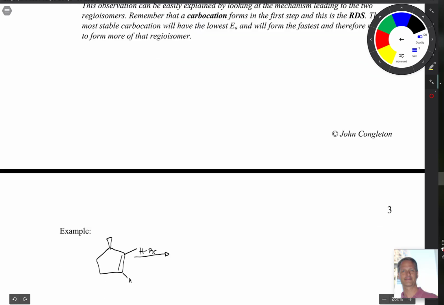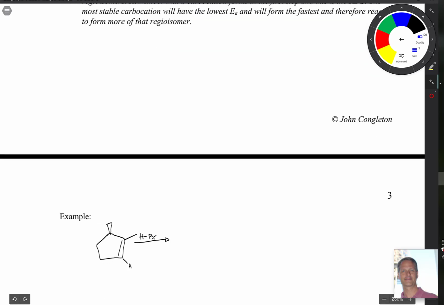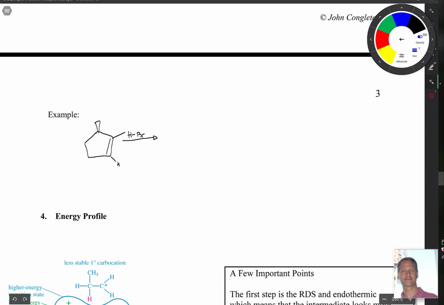So let's look at an example together. In this problem, this carbon double bond, remember, is your nucleophile. The first step of that reaction is that we're going to do this.